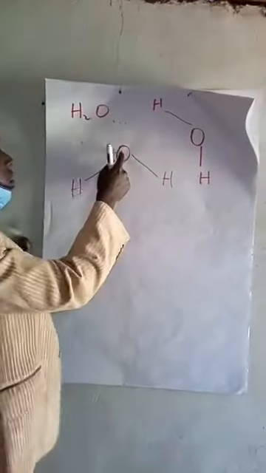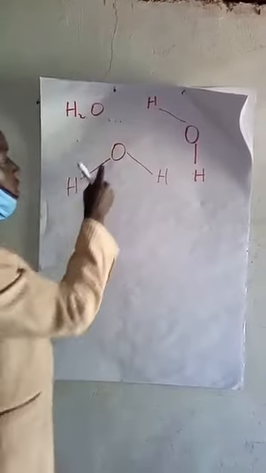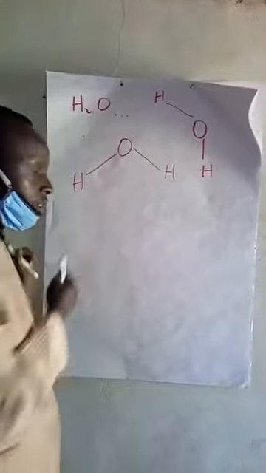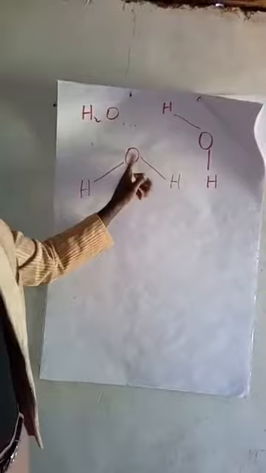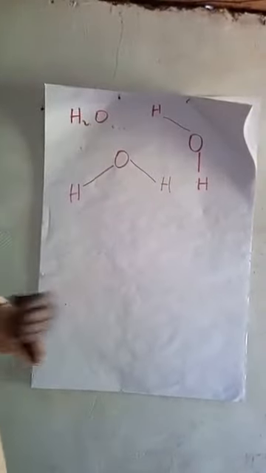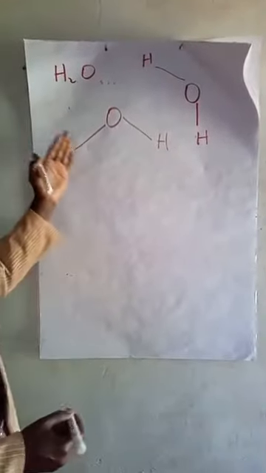Now, this oxygen tends to pull the two shared pair of electrons more to itself than hydrogen, because hydrogen is electropositive and oxygen is electronegative. In so doing, it creates partial charges.